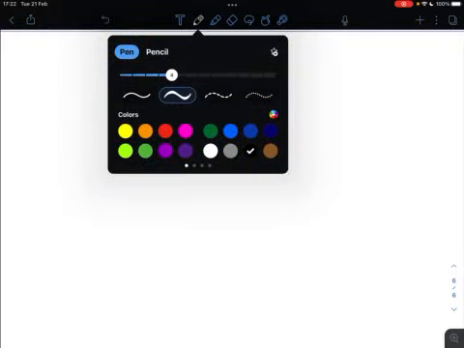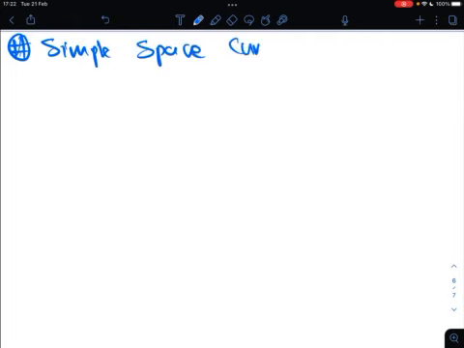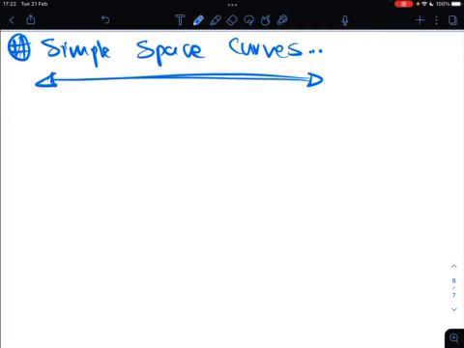So one of the things we are going to look at is what are known as simple space curves. Most of the space curves that we want to look at are those that are simple. But what does it mean to say a space curve is simple?